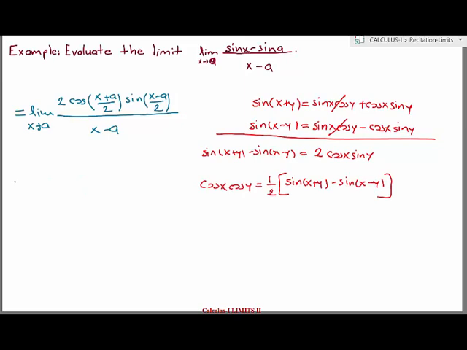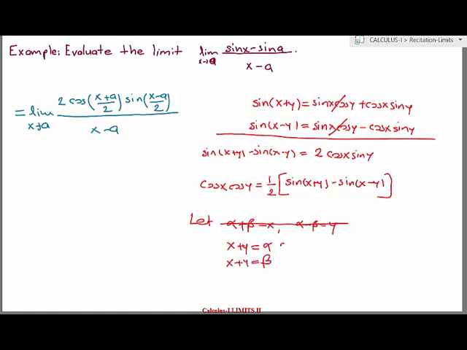Now let x plus y is equal to alpha and x minus y is equal to beta.